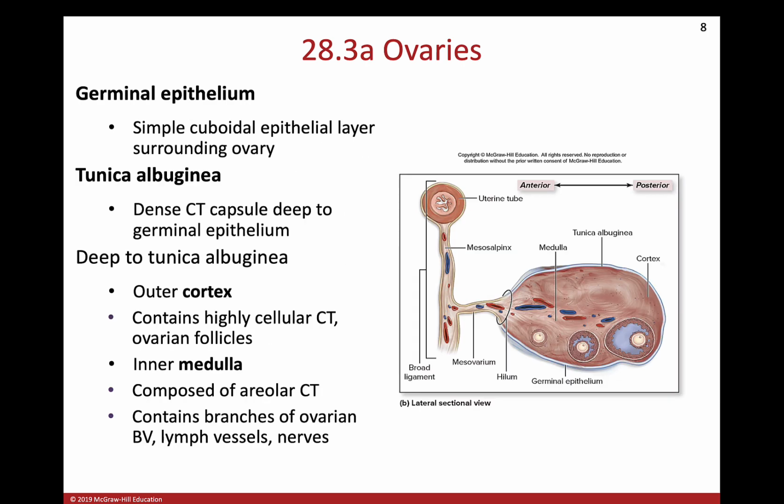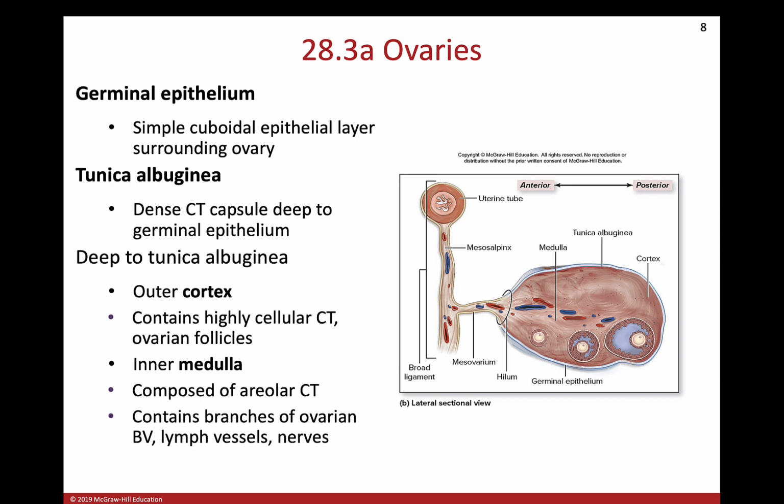Now, we look at a germinal epithelium, and this is a simple cuboidal epithelial layer that surrounds the ovary. There is also a dense connective tissue capsule deep to this germinal epithelium known as the tunica albuginea. You will not be responsible for identifying the tunica albuginea on the ovary. Deep to the tunica albuginea is the outer cortex.